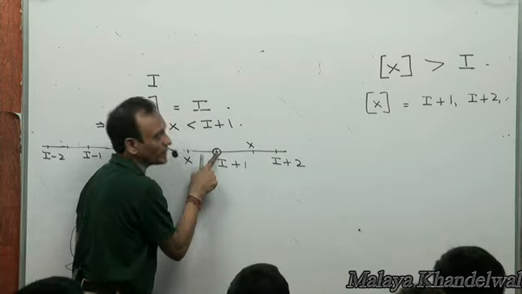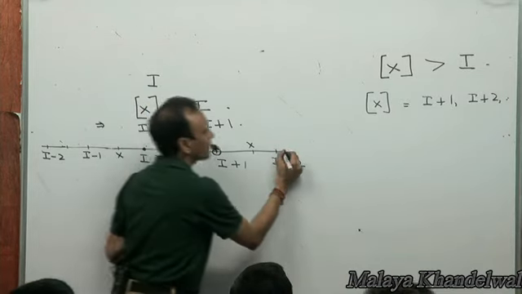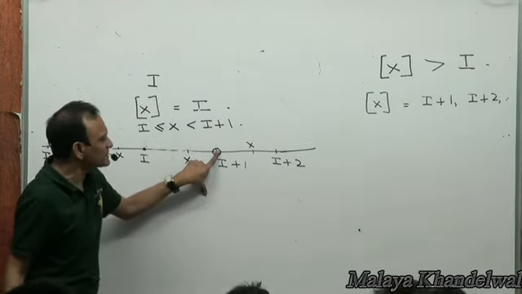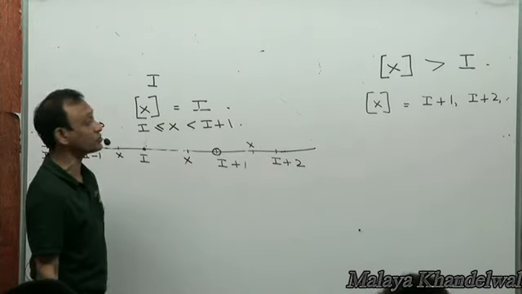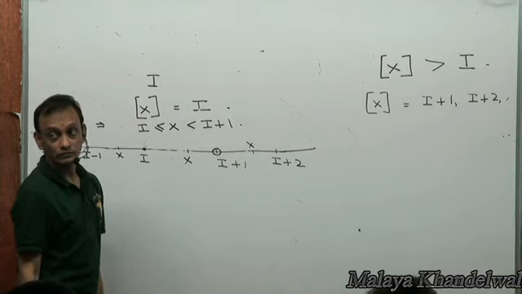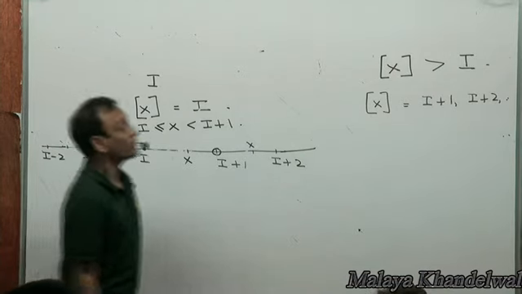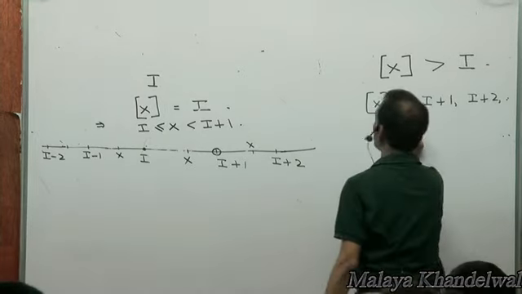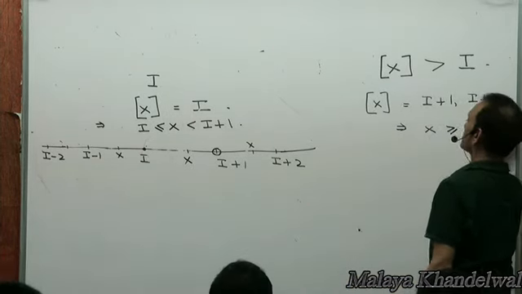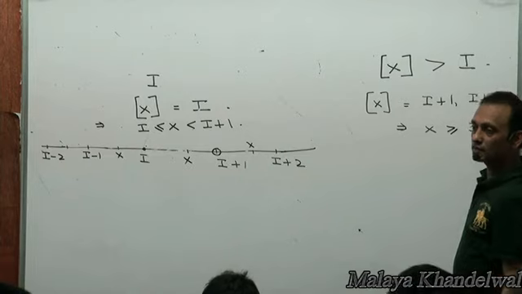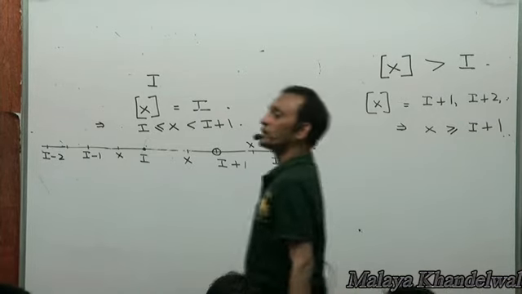That means every time x is I plus 1 and to the right, box of x will be greater than I. So box of x greater than I would mean x greater than or equal to I plus 1. Do you understand all of this?